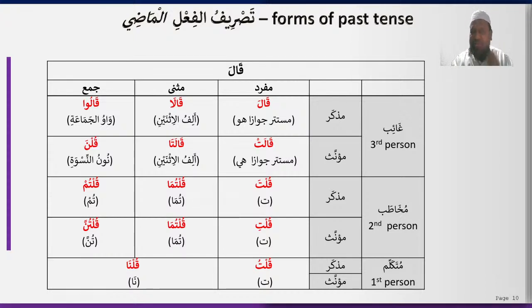So it is the same as the فعل كان. Any فعل that falls in this pattern, كان يكون or قال يقول, has the same conjugation. So we looked at كان: كان كانا كانوا كانت كانتا كنا كنت كنتما كنتم كنتي كنتما كنتن كنت كنا.